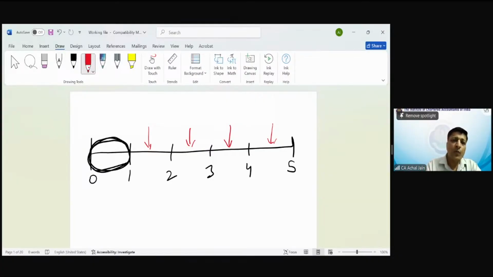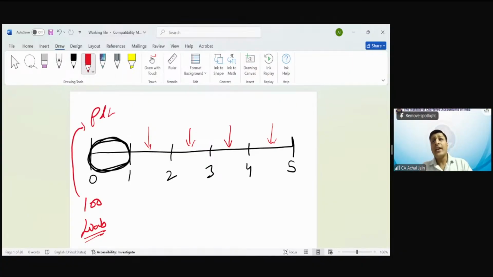Let's suppose that amount was rupees 100. So this 100 will be a liability for the company. Yes or no? Yes, sir. Now corresponding to this liability, two options are available. Either this entire amount is taken to P&L.